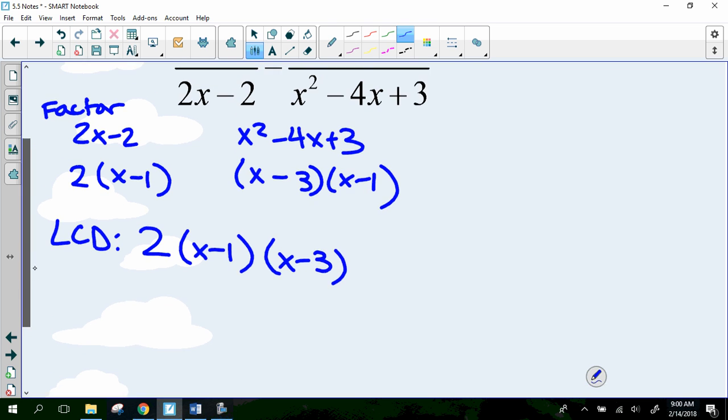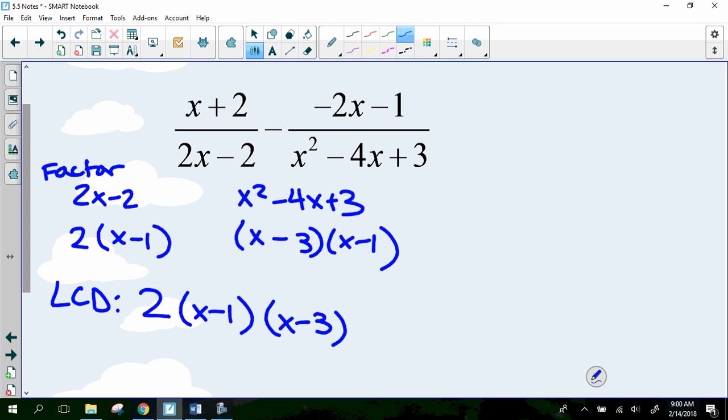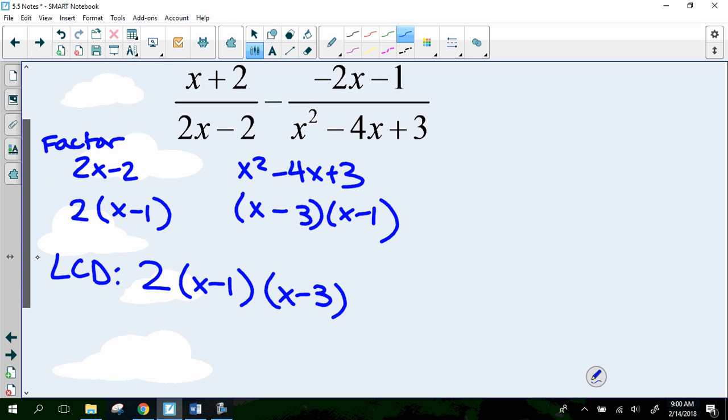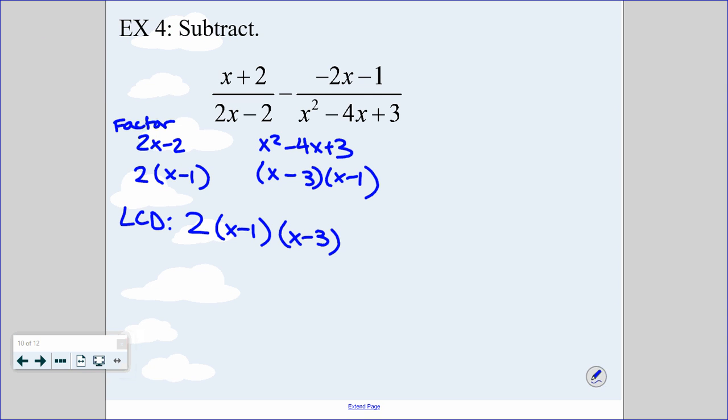Okay, so now we're going to write down the problem down here, and we're going to leave the denominator in factored form, and we're going to figure out what we need to multiply on both of them. So we have x plus 2 over 2 times x minus 1. In order for it to be 2 times x minus 1, x minus 3, what else do I need?